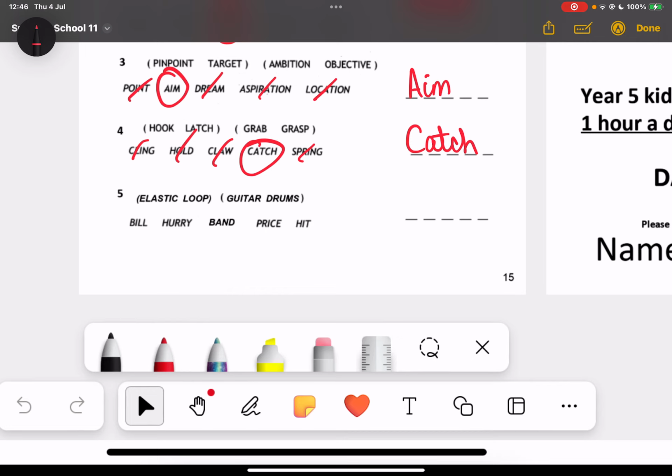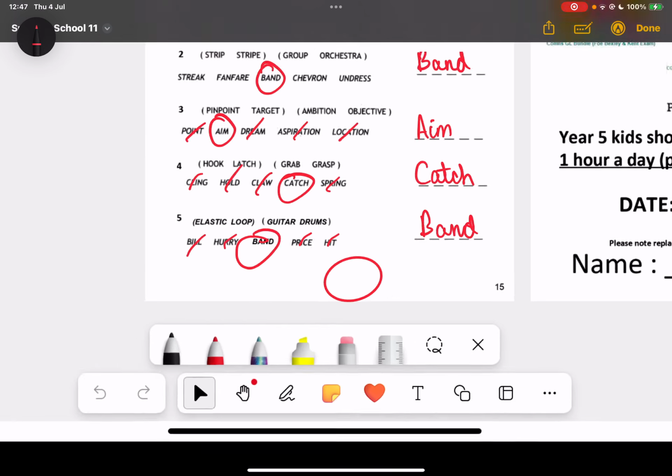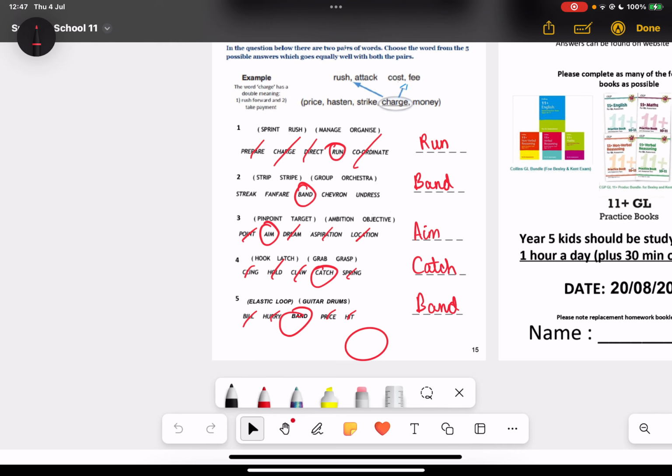Guitar and drums are both musical instruments, and none of our options are a musical instrument. So the closest thing for this one is just going to be band. A band is like an elastic or a loop, a round object, like an elastic band. And then guitar and drums are both musical instruments, and a band is a group of guitars and drums. So this one is band again. Okay.